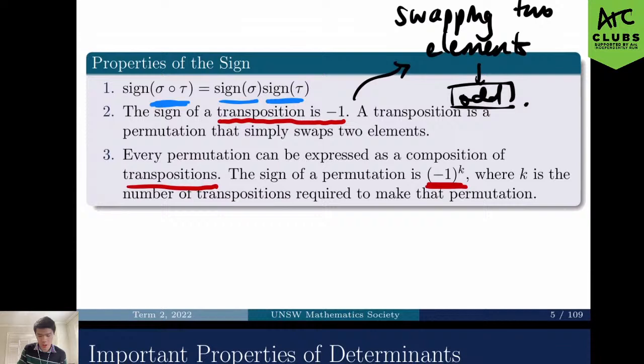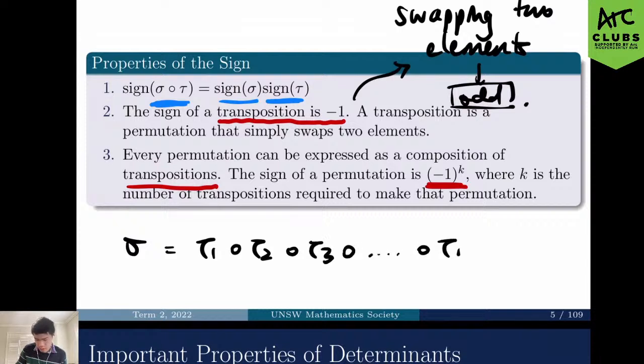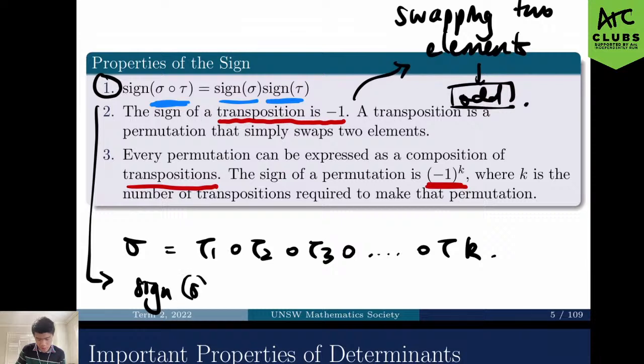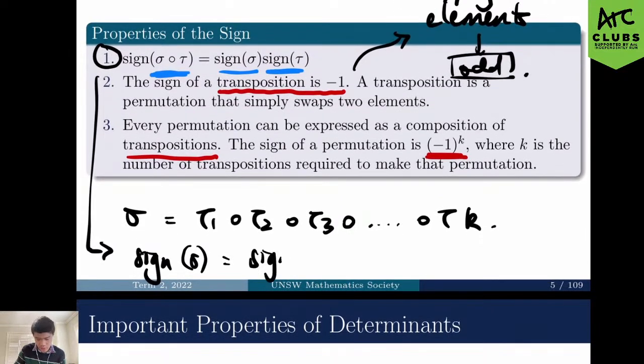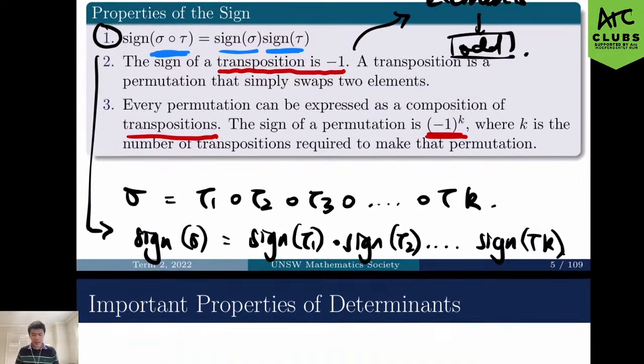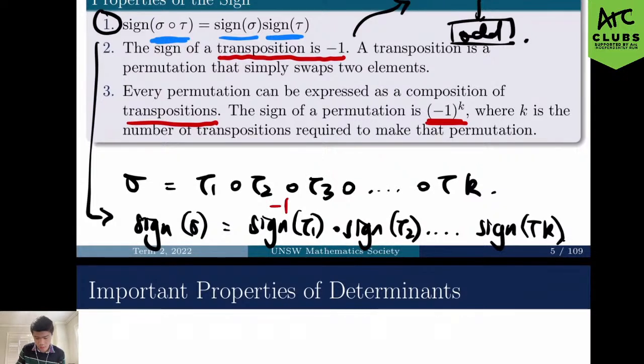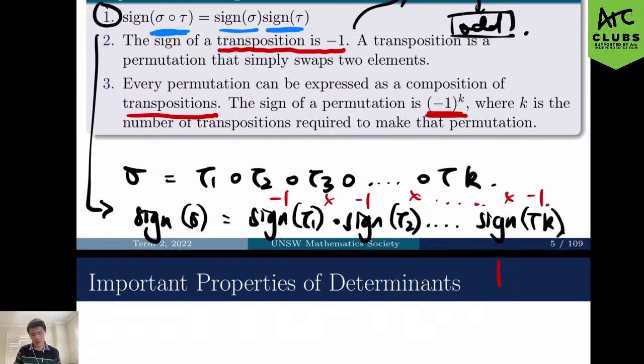Because if you've got a permutation, and you express it as a composition of transpositions, and you have k transpositions, then from property number 1, the sign of sigma is just equal to the product of the individual ones. And that means that because every transposition, when you're swapping two things, has a sign of -1, you get -1 times -1, all the way down to -1. So that just gives you -1 to the power of k.